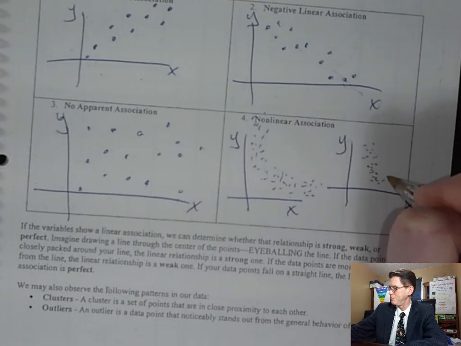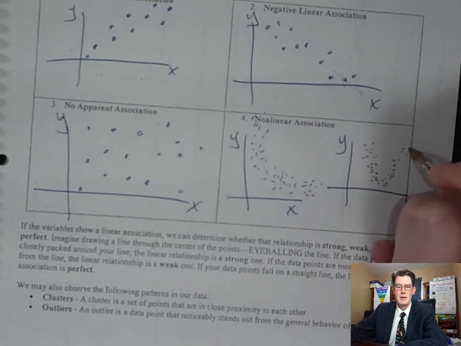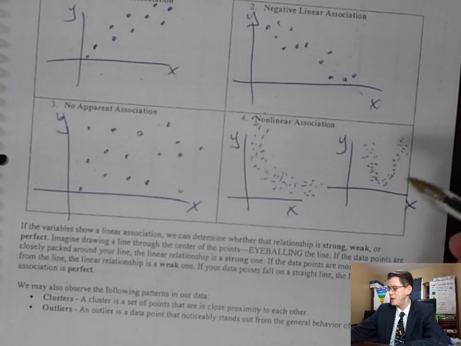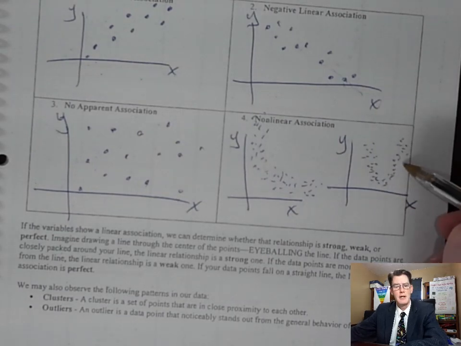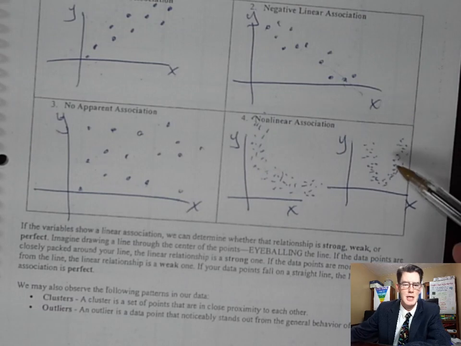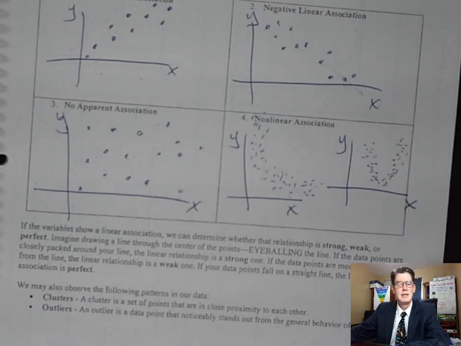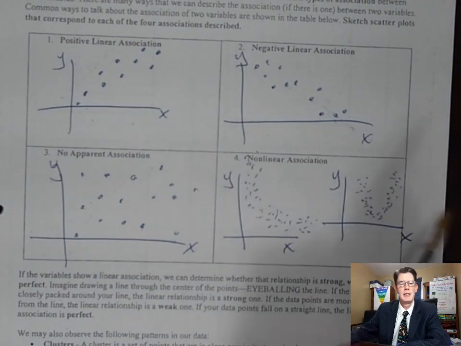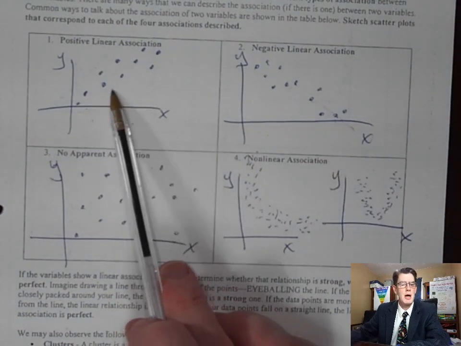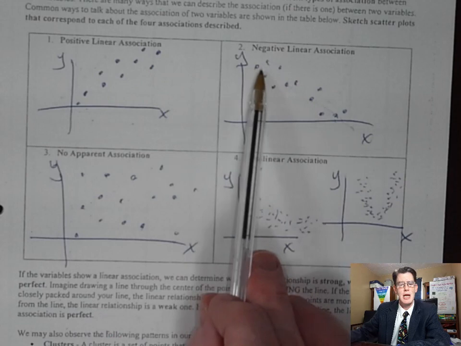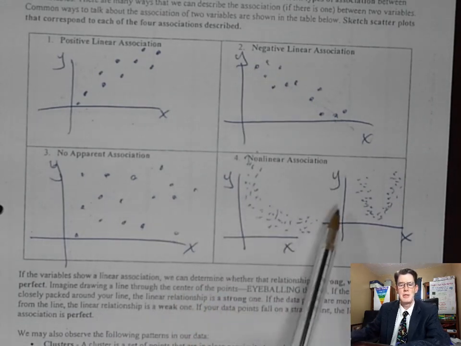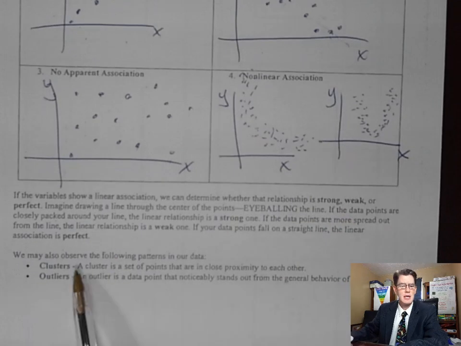Sorry to all you BYU fans. What if it looks like the shape of a U? They're still associated. You can see an association there, like a flock of birds. It's just not in a line. But in real life, these are the associations that show up. Sometimes they're positively associated, sometimes negatively or oppositely associated, sometimes there's none, and sometimes they're associated not in a line.